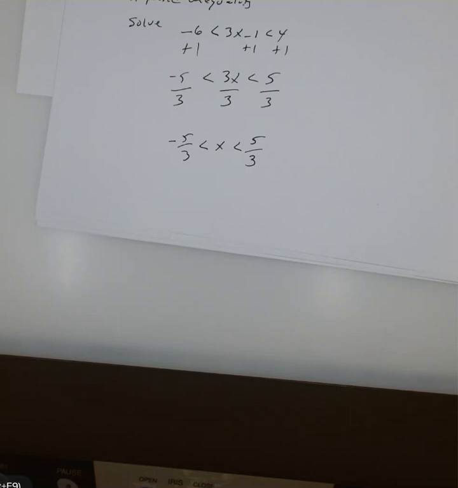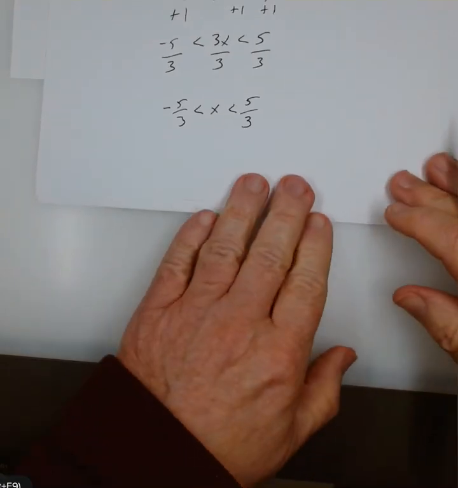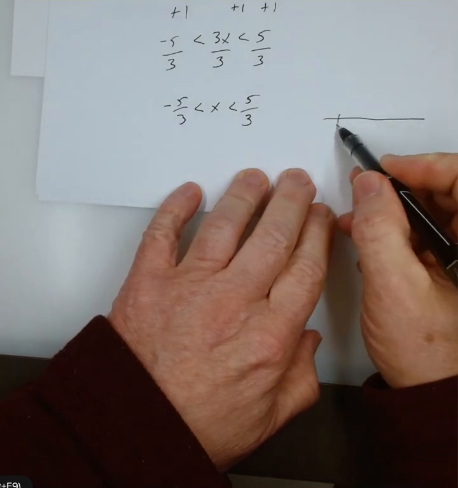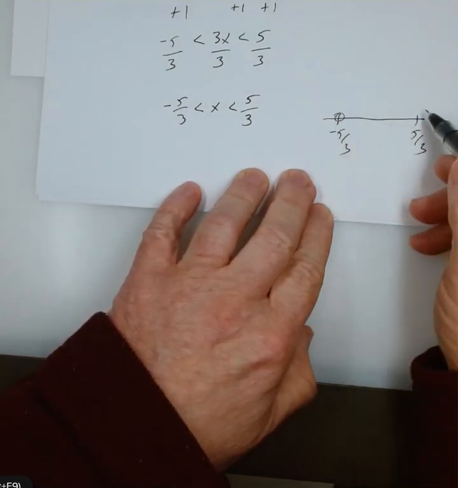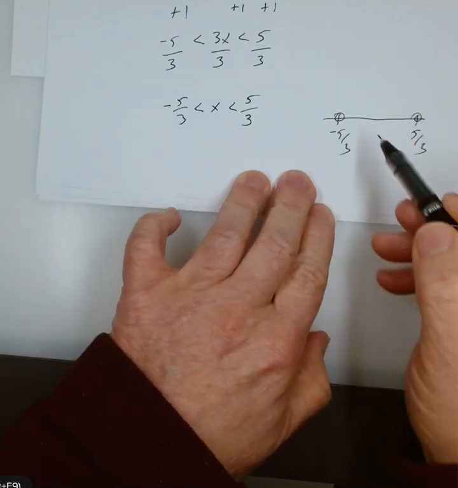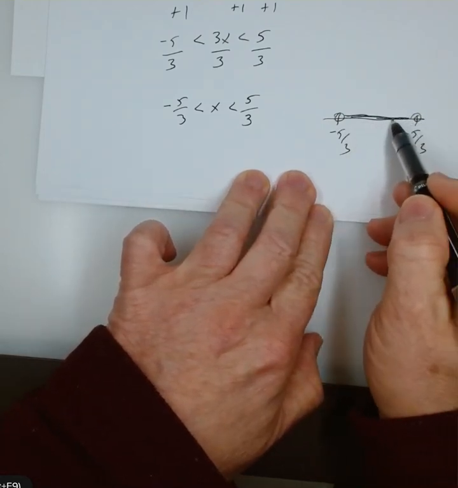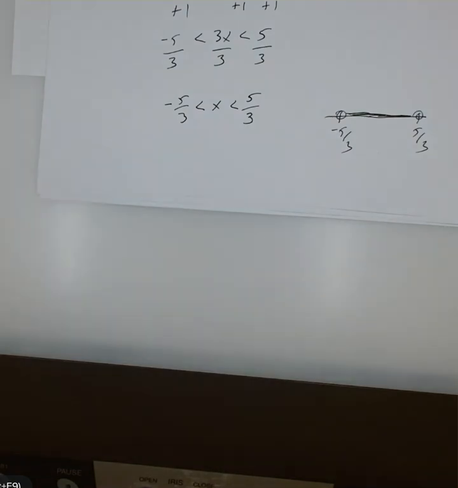If you look at this in terms of the number line, so negative 5/3, 5/3, right? Open circle, open circle. So it's any real number between those. So all your irrational numbers, maybe the square root of 2 is in there.